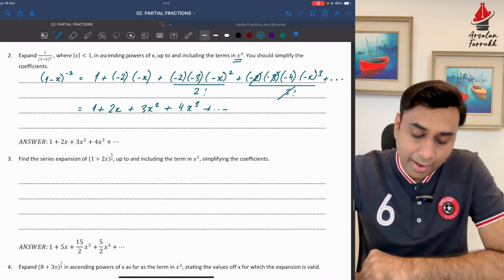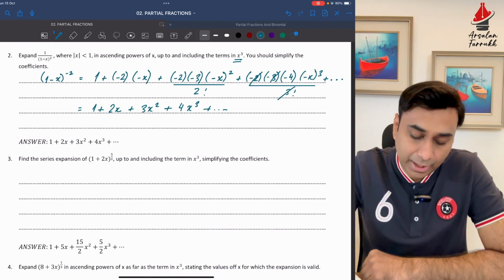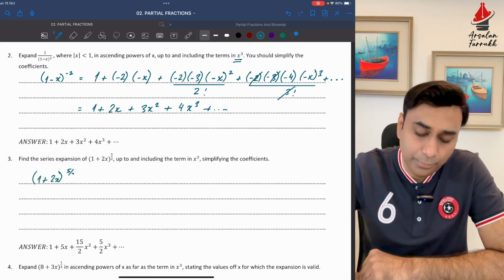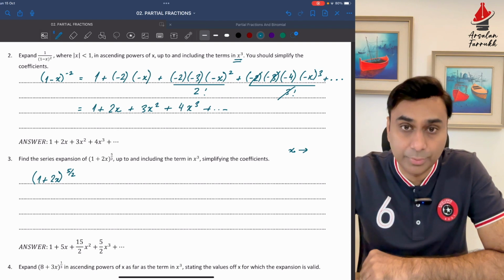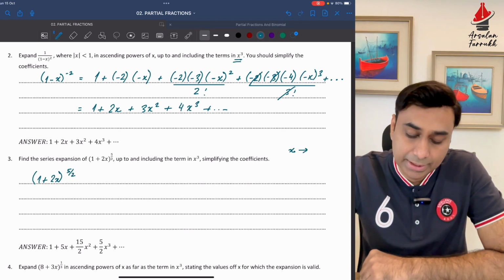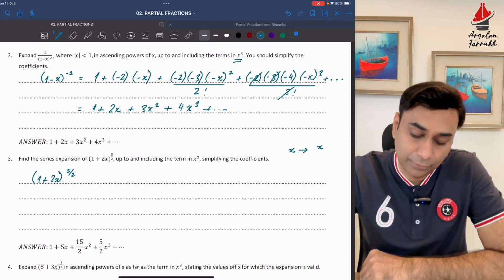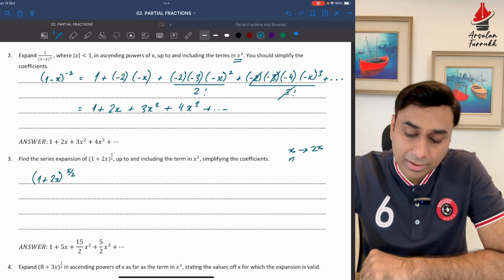Let's have a look at another example over here where I have to expand 1 plus 2x to the power 5 upon 2. It's so important that right in the beginning I'm able to recognize that x in my formula that's going to be given to me in the formula sheet is 2x over here, and n in the formula is 5 over 2.